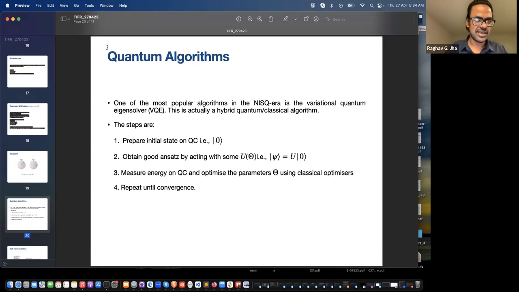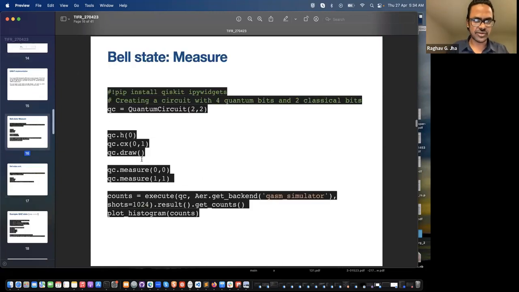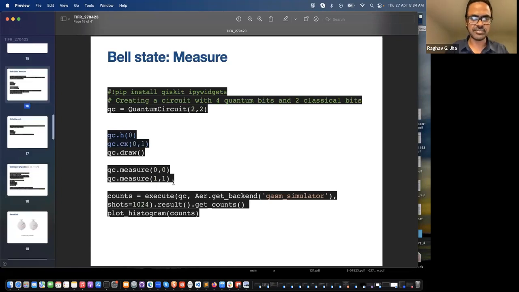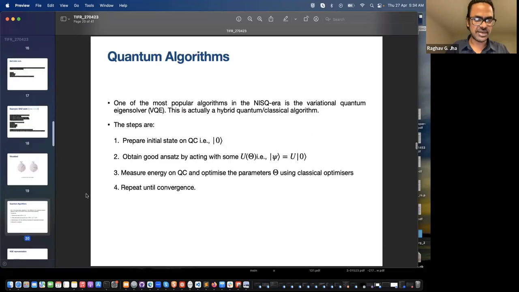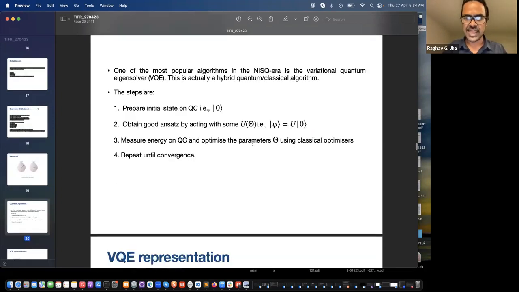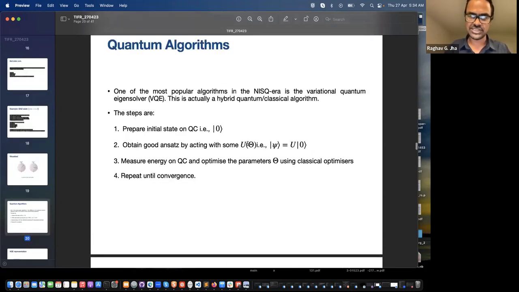For example, I can start with zero and act with these two gates to get a Bell state. But I can also act with some other gates to get some other state, which might be better suited. So let's say that I act with some unitary which depends on theta to come up with some state psi.